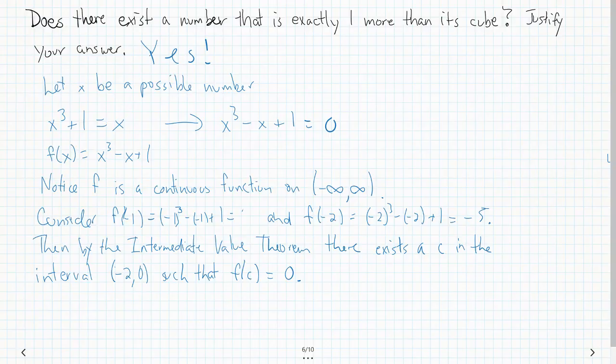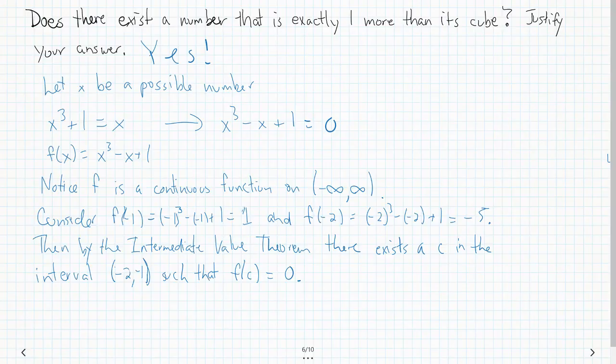So notice that makes -1 plus 1, right? And so that would make 0 plus another 1, so that's 1. So we could actually limit this down a little bit more. We could say -2 to -1 by using that value.